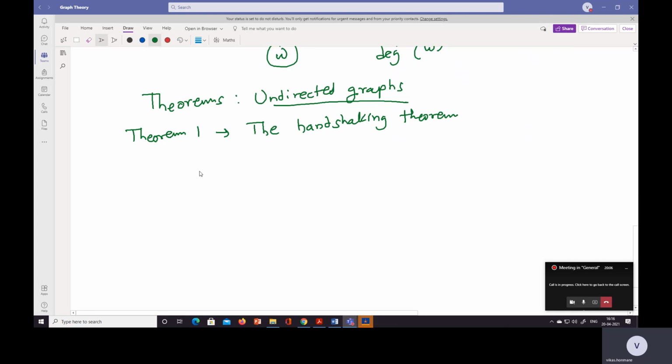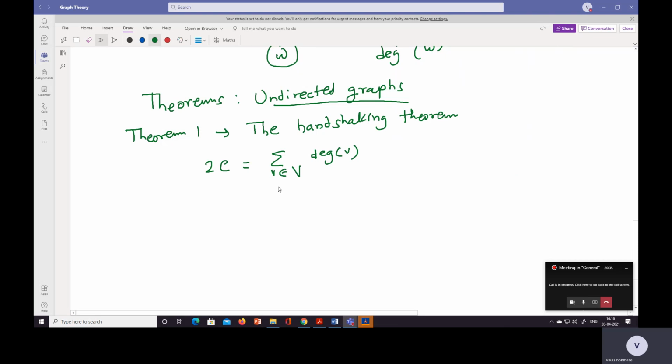This is a very useful theorem; many times we use it. The theorem says 2e, where e is the number of edges, is equal to the summation over all vertices v belonging to V, so for each vertex we take the sum of the degree of v.